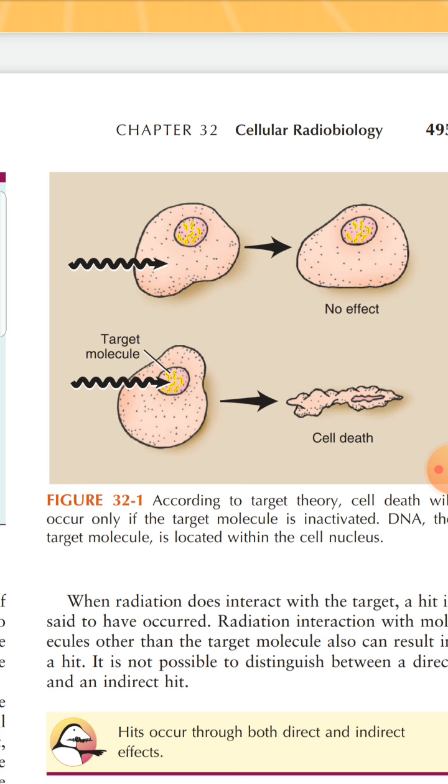This area will change because of intracellular molecular movement, and the radiation interaction with these cellular components would be random. So the interaction that happens between the radiation and the target molecule will also be random, and there will be no favoritism by the radiations.